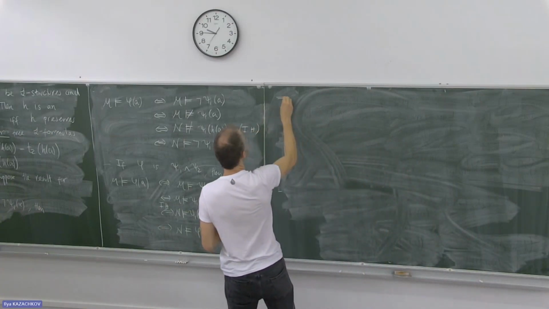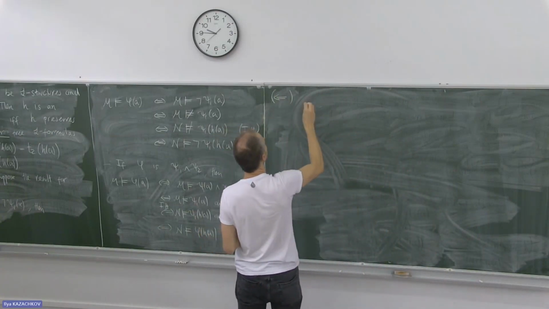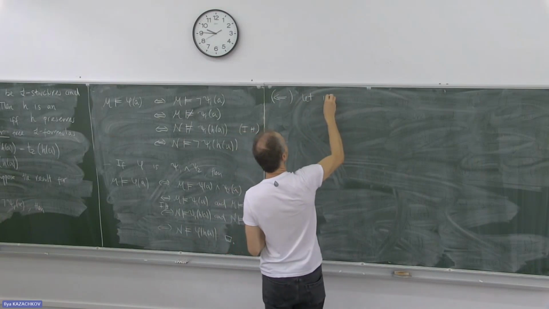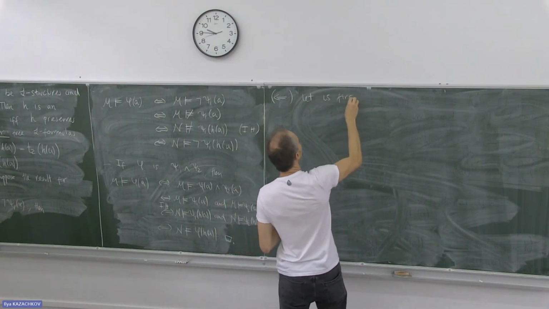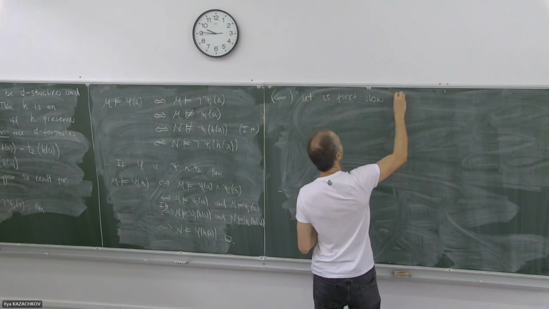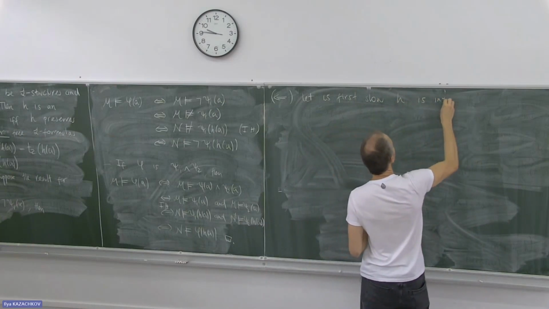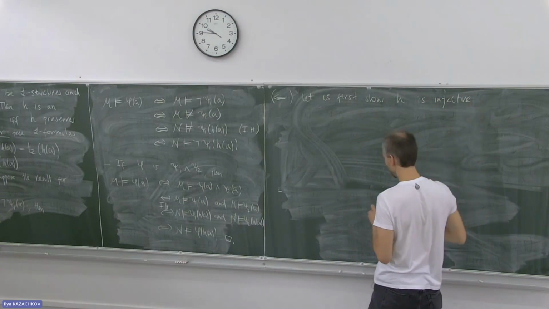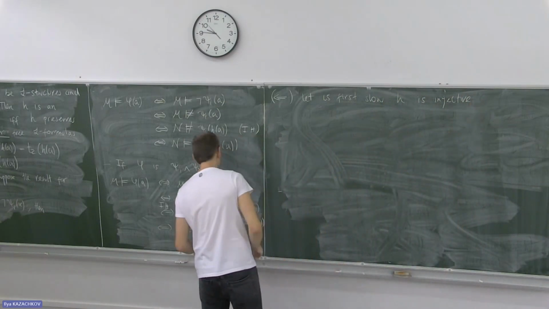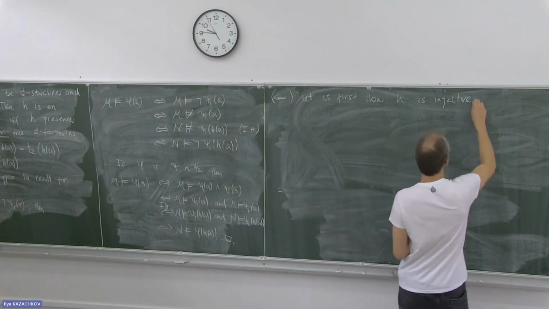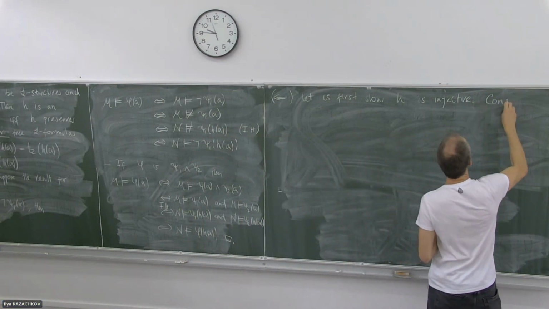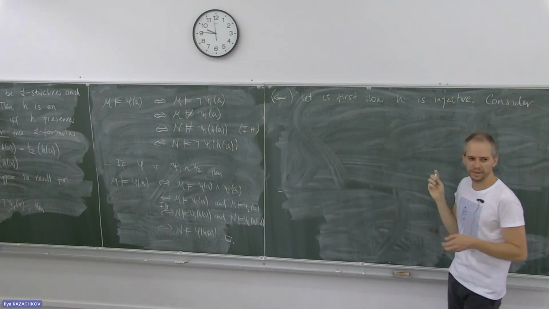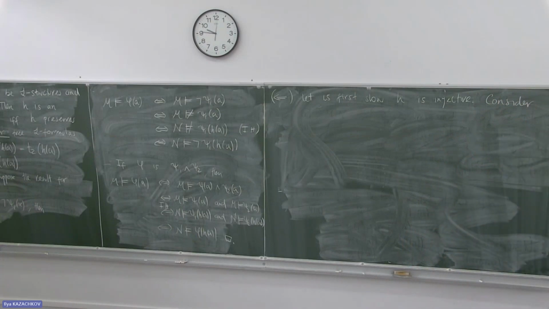Now this direction of the proof. So let us first show H is injective. So for injectivity, consider, well, let me ask you, what should we do to prove injectivity, perhaps?